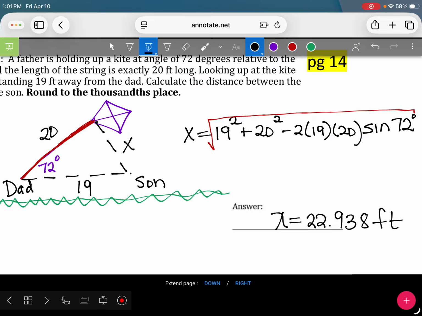So we're going to start with the sides we know. So it's going to be 19 squared plus 20 squared. X squared equals 19 squared plus 20 squared.